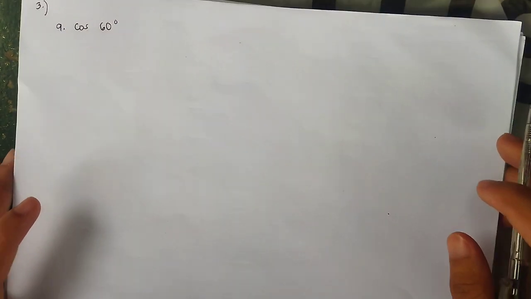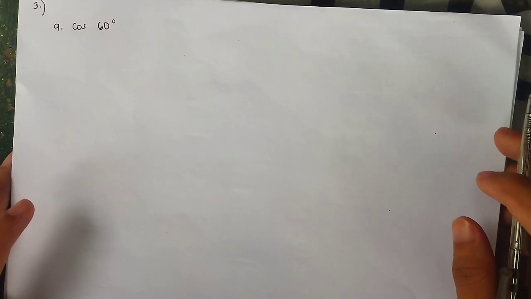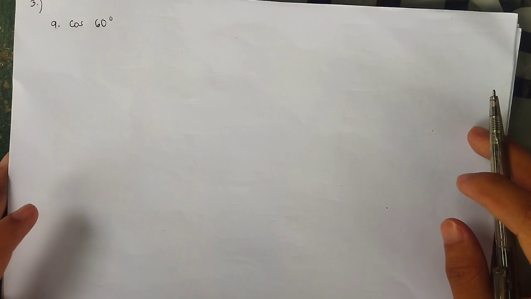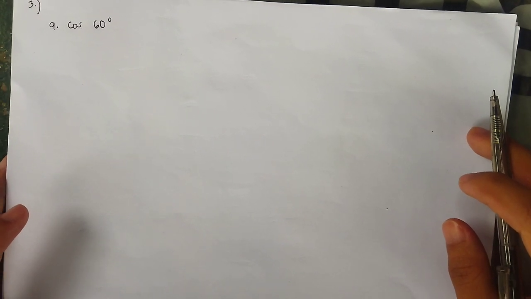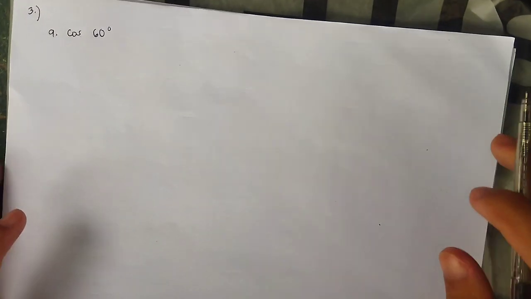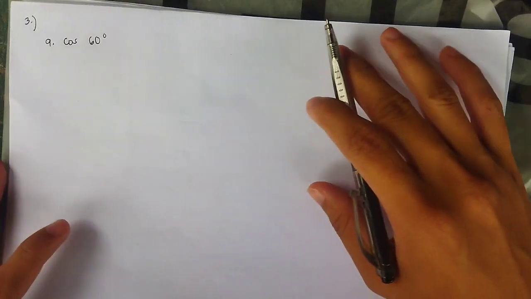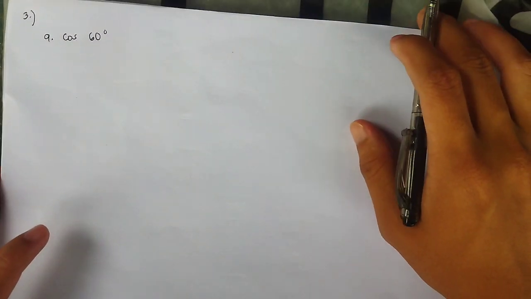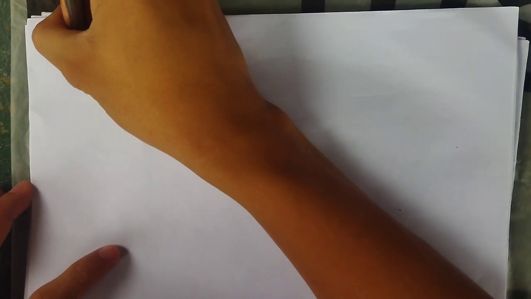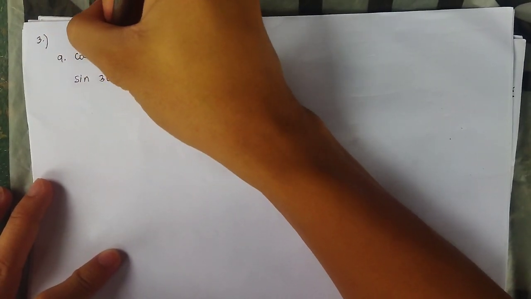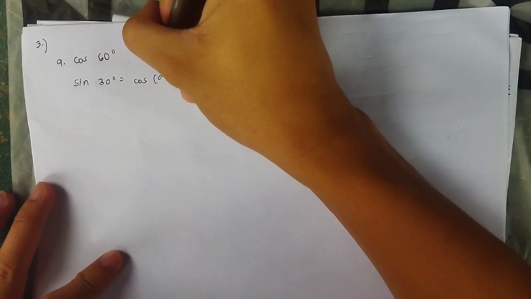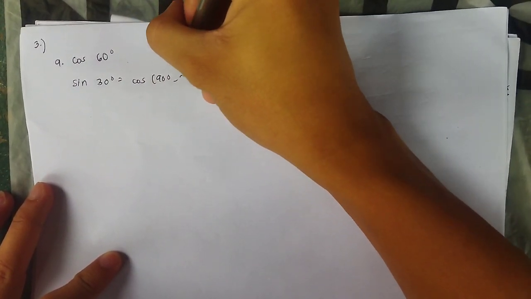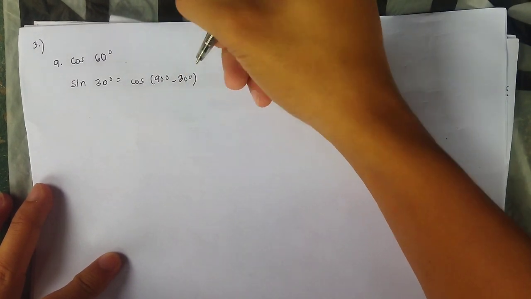Next is number 3. Given sine 30 degrees equal to 1/2, use trigonometric identities to find the exact value of cosine 60 degrees. So we will use cofunction identities. So we have sine 30 degrees equal to cosine 90 degrees minus 30 degrees.